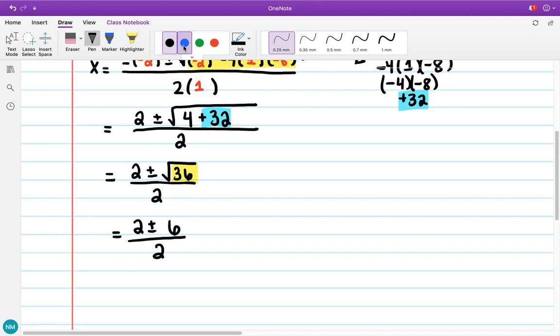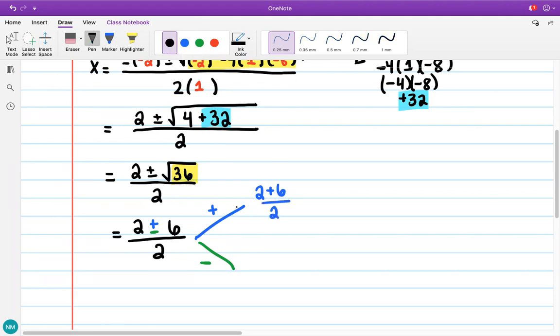So now is where we split. So this plus or minus, I'm going to rewrite it in 2 different colors. We have a plus and we have a minus. So it splits in 2 different ways. So the plus becomes 2 plus 6 over 2.